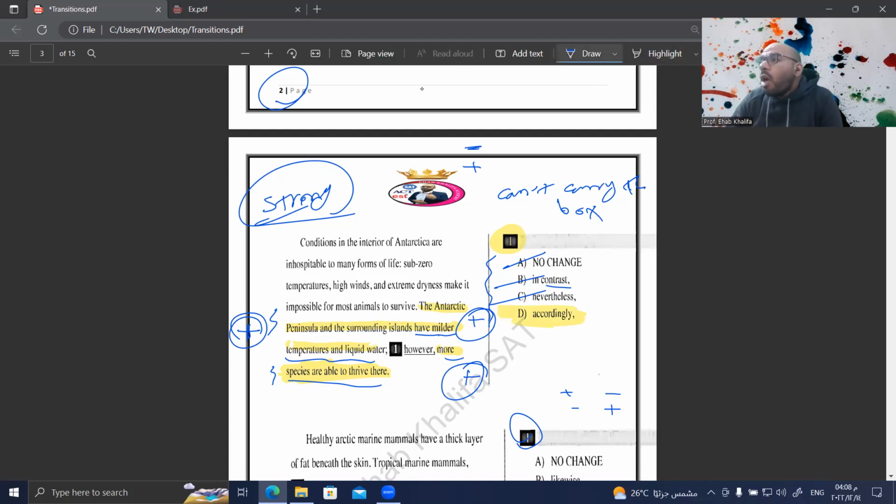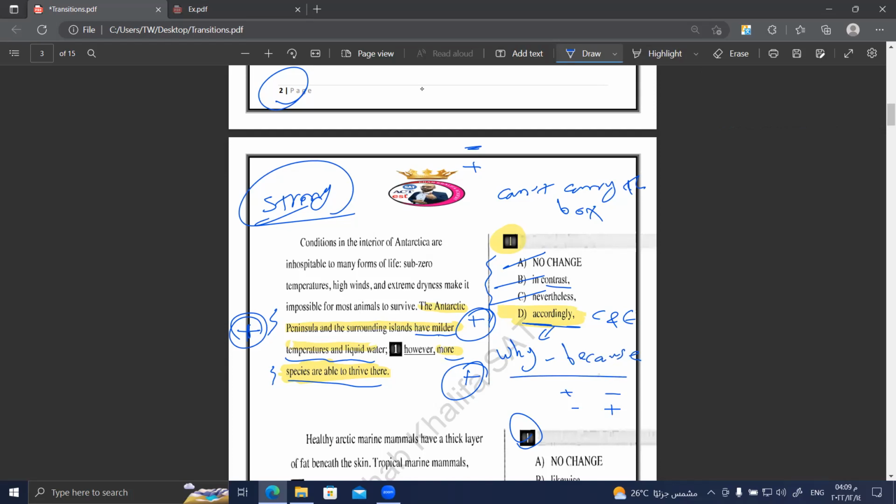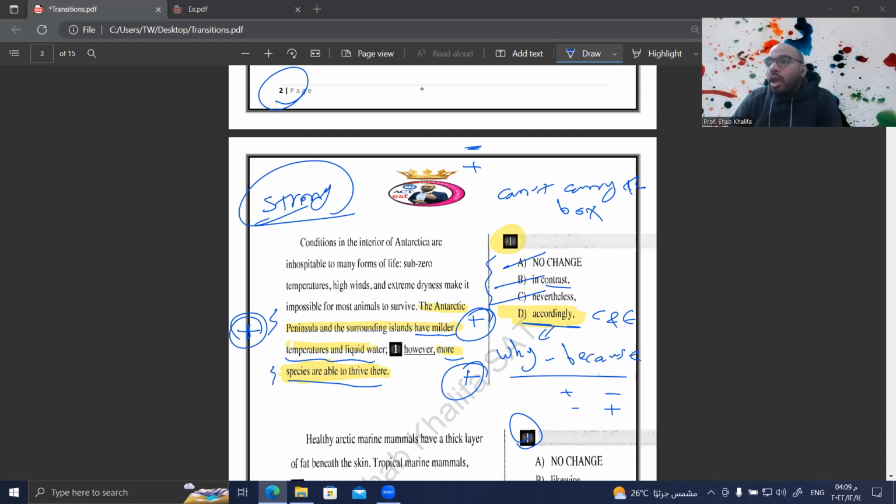Yes, sir. Now I know that accordingly is cause and effect, right? But I want to make sure that my answer is correct. How would I make sure that the cause and effect works? I do why because. Can we apply why because here? So for example, if I say why are more species able to thrive there, does this answer my question logically?